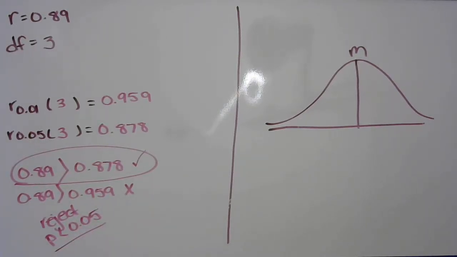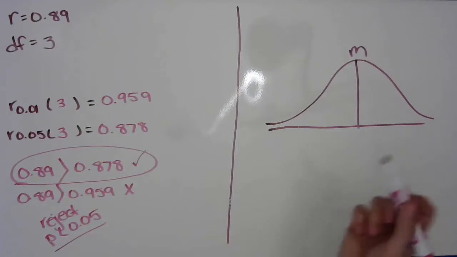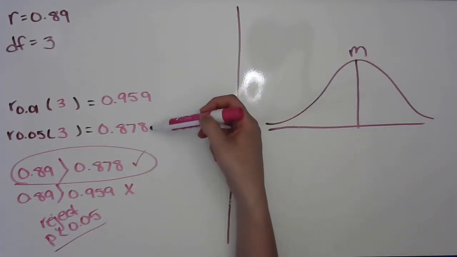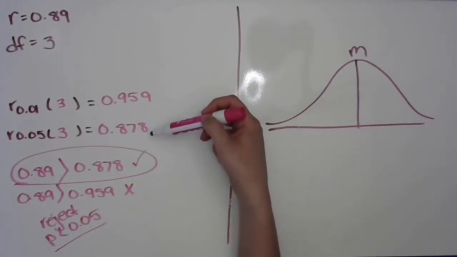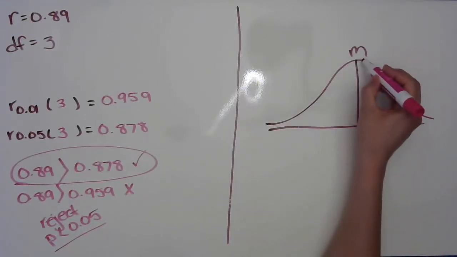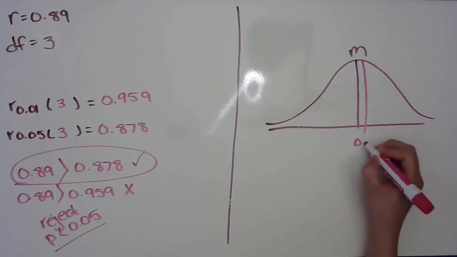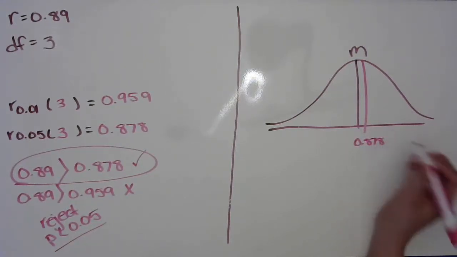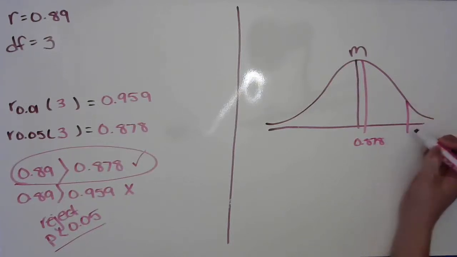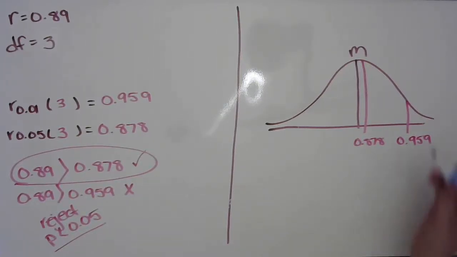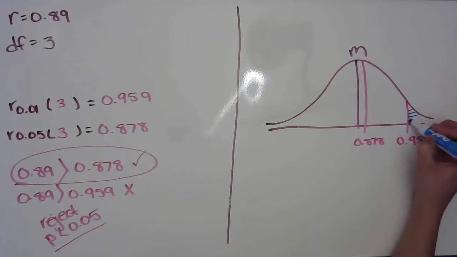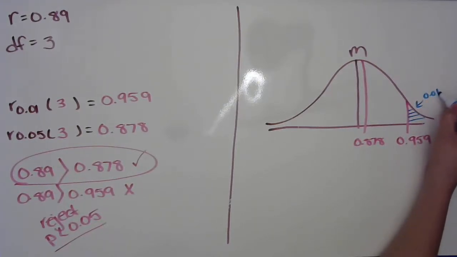Awesome. Okay, so another way to do that is, let's go ahead and take these and mark these on a graph. Okay, so we will go ahead and do this here. So we'll put this as 0.878, and then we'll put this one up here of 0.959. Okay, so this area here, the blue area, this is going to be reject at 0.01.